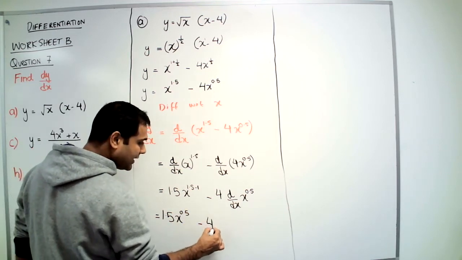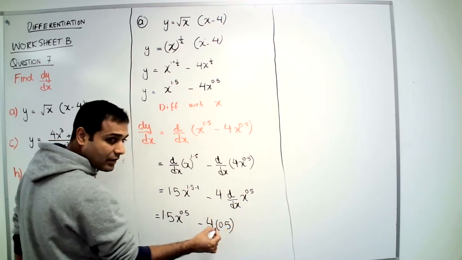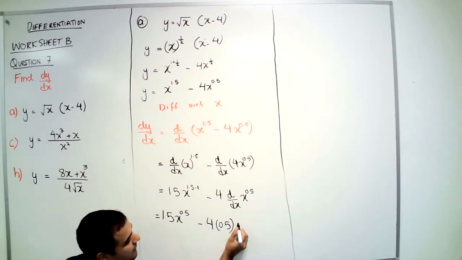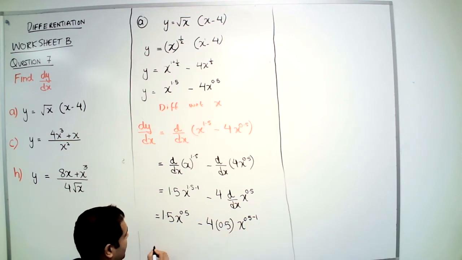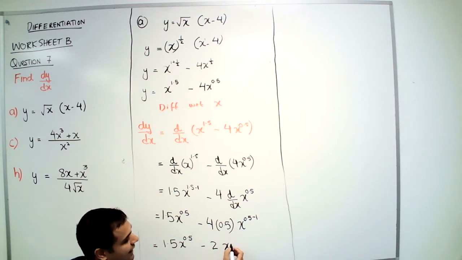Minus the 4 is already there. The power 0.5 comes out, and then you need to reduce the power by 1. 0.5 minus 1 is minus 0.5. 4 times 0.5 is just a 2. And that is x to the power minus 0.5.